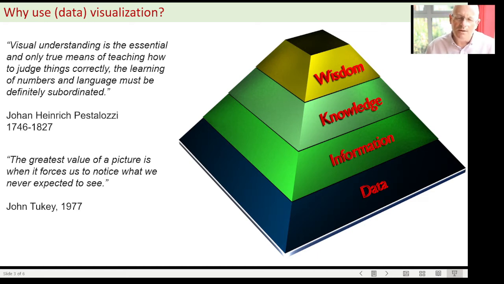John Tukey, in about 1977, very famous statistician, wrote a book called Exploratory Data Analysis, and said the greatest value of a picture is when it forces us to notice what we never expected to see. And if only I had a pound or a dollar or a yen for every time someone said that about a picture we've created, I wouldn't need to work anymore, really.